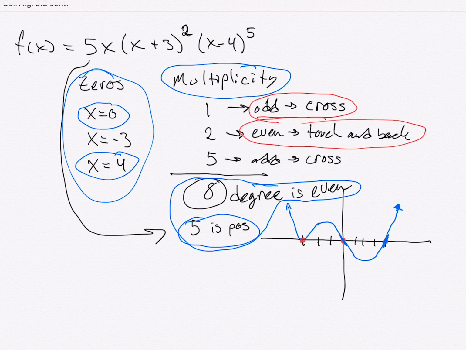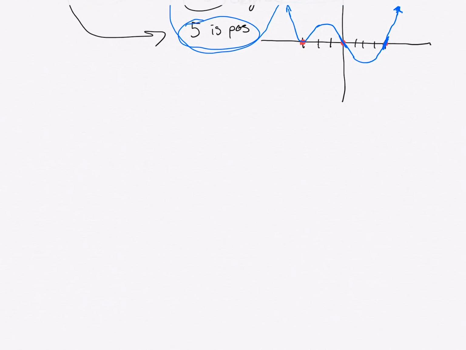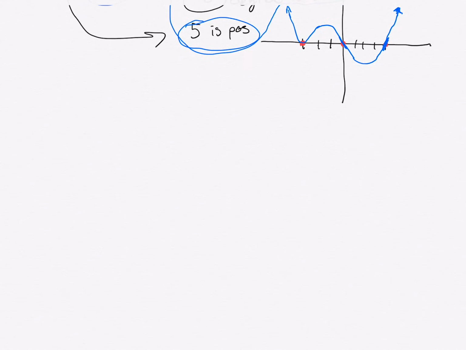So a lot of little components. You're going to want to practice some of these to make sure that it goes smoothly for your next exam. Let's move into our next subtopic, which is the intermediate value theorem.